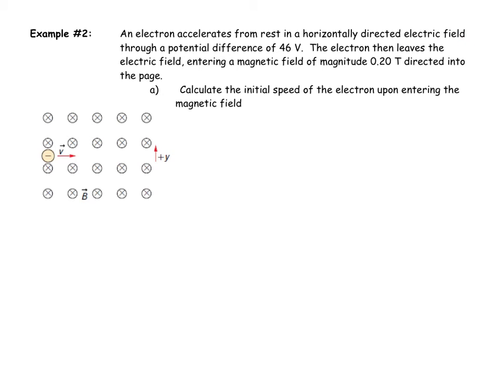And so I know in this circumstance that the change in electric potential energy is going to be equal to any change that it has in kinetic energy. In other words, any electric potential energy that it has is going to be converted into helping increase the velocity of that particle.